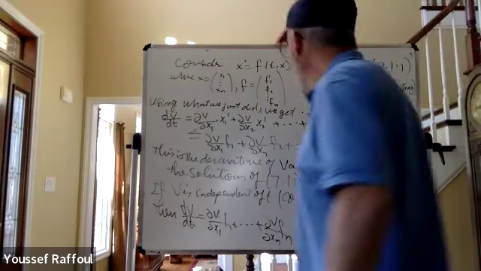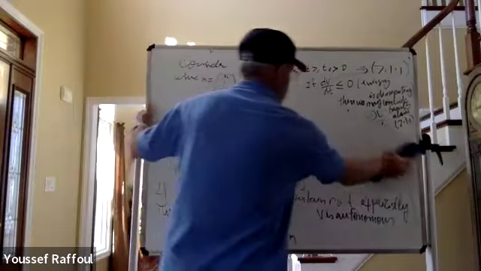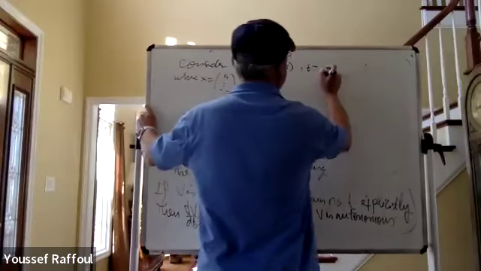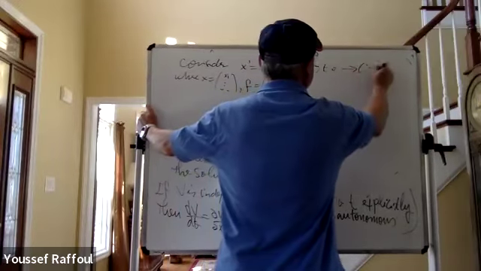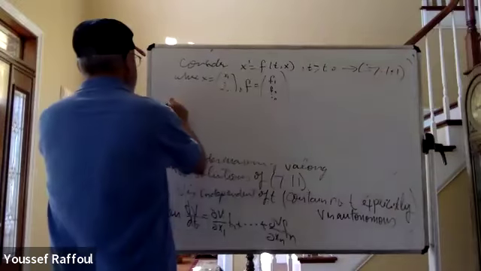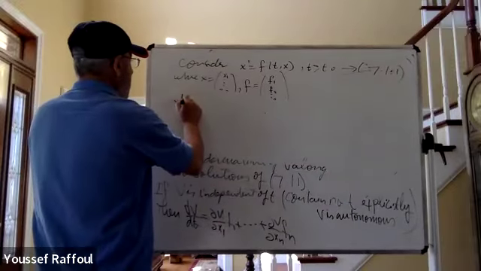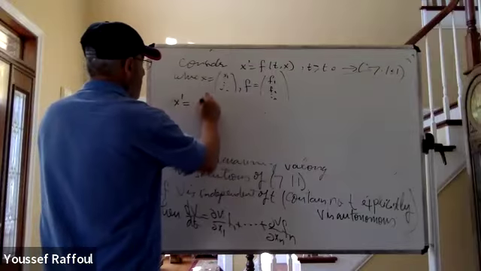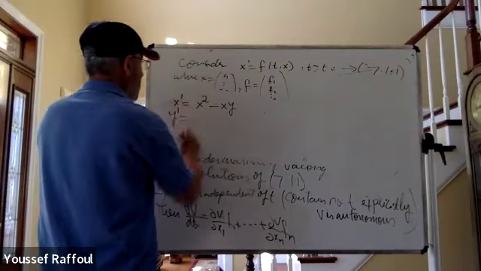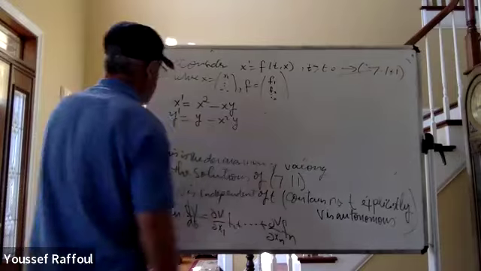So let's do an example. I think we are due for an example. So let's take a look at x prime equal to x squared minus xy. y prime is y minus x squared y.